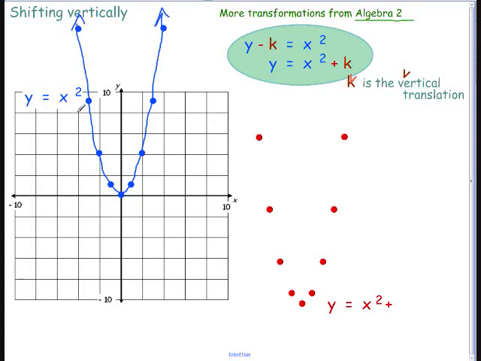This is the parent graph of a quadratic function. This is how it graphs with its vertex at 0, 0. That's important. When we talk about transforming, shifting vertically or shifting horizontally, we're going to key in on certain points. With a parabola, it will be the vertex.